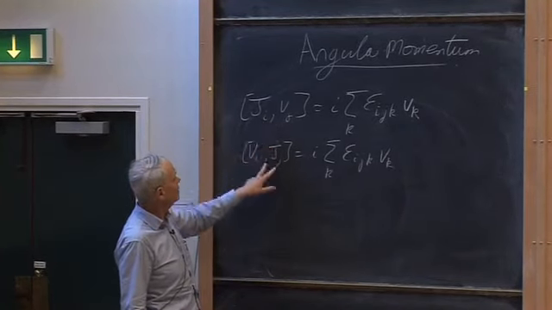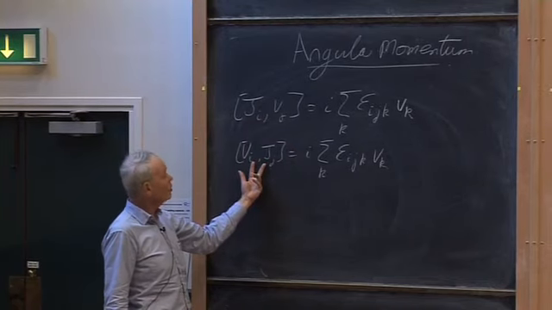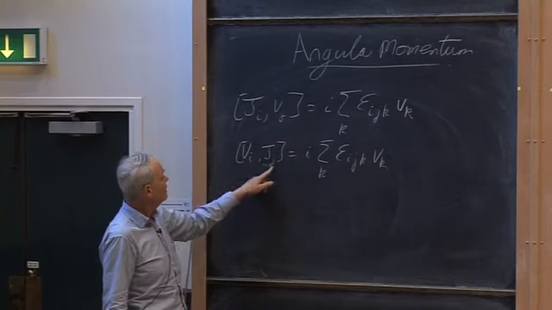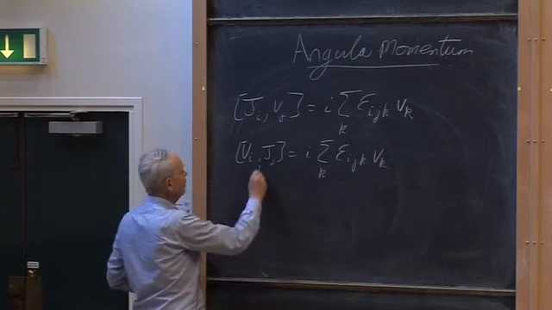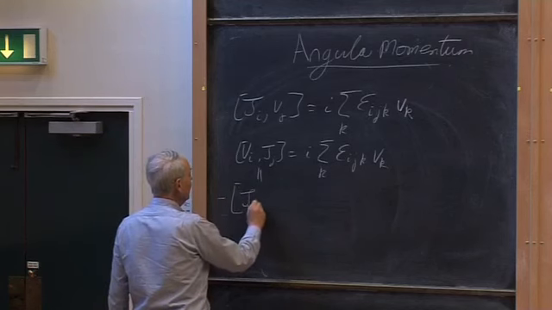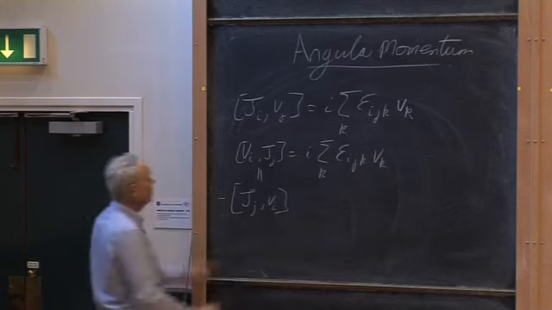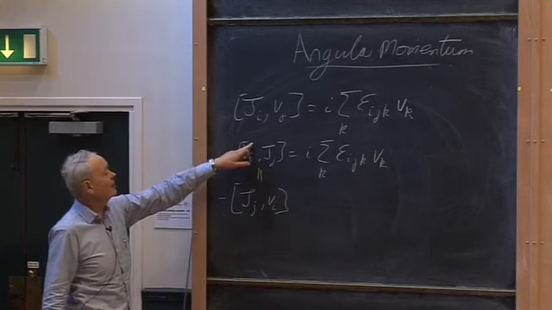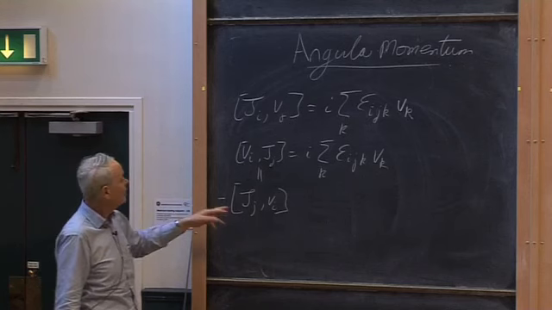What's happened between these two is that these things have been swapped in their order, but crucially also these things have been swapped. If I simply invert the two operators, J and V, V is just an arbitrary vector. It could be x, it could be p, it could be J, whatever.